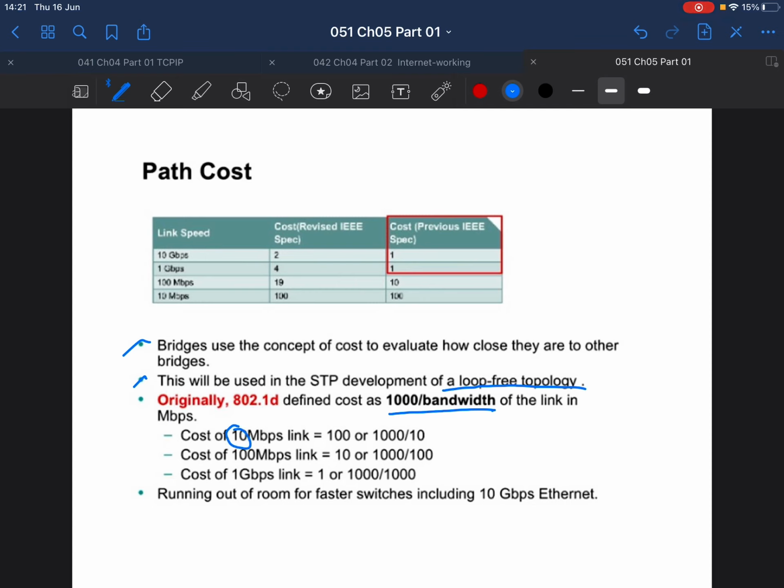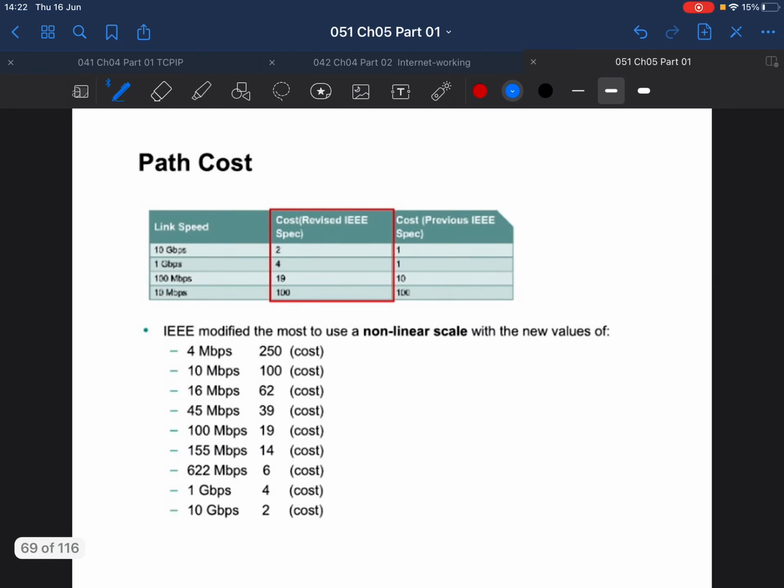Running out of room for faster switches, including 10 gigabit per second Ethernet. Path cost. This figure shows calculation of path cost. IEEE modified the cost to use a non-linear scale with new values of the cost.